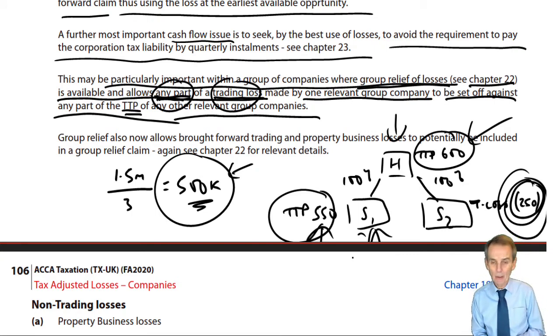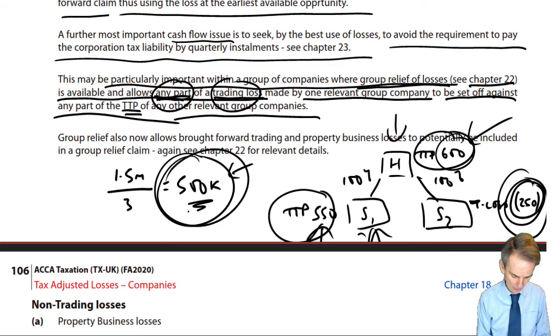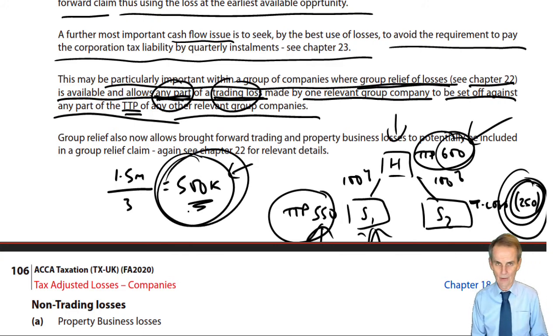So, how much of your loss as a minimum would you want to group relieve against the £600,000 taxable total profit of the holding company? Well, you need to bring down the profit to the profit limit of 500,000, assuming that the only dividends received by any of these companies are the dividends received by the holding company from subsidiary companies. The dividend income is excluded in computing the profit figure to go against that profit limit. And on that basis, you simply use 100,000.